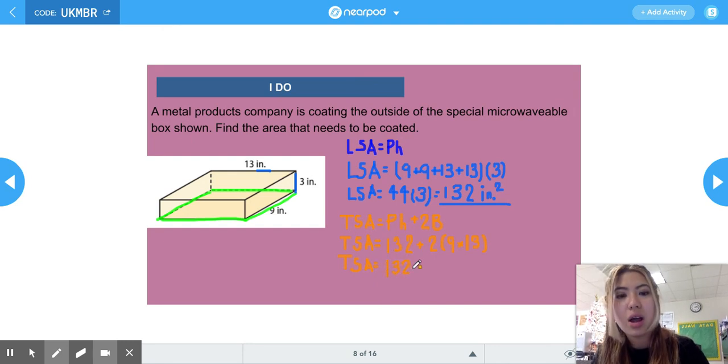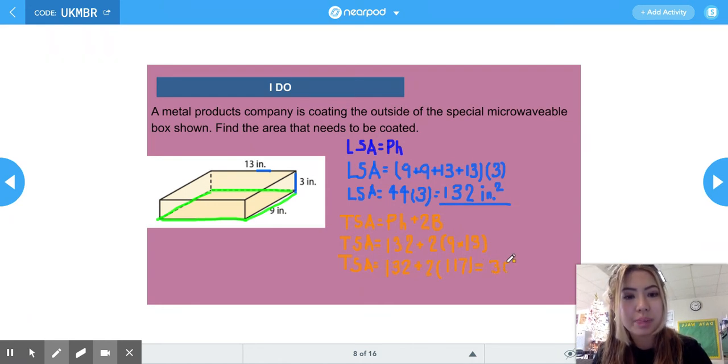So then I have 132 plus 2 times 117, since I have to multiply whatever's in the parentheses first. So 9 times 13 is 117. Once I multiply 117 times 2 and then I add 132, I get 366 inches squared.